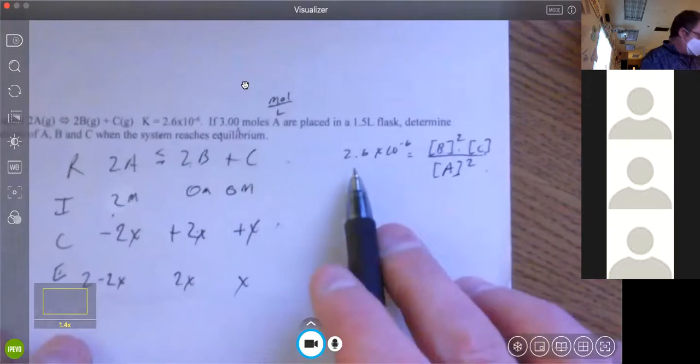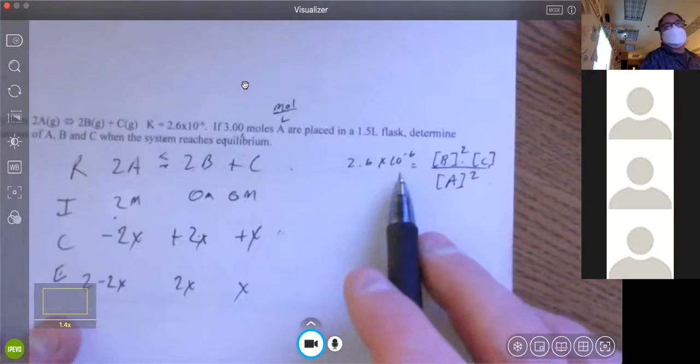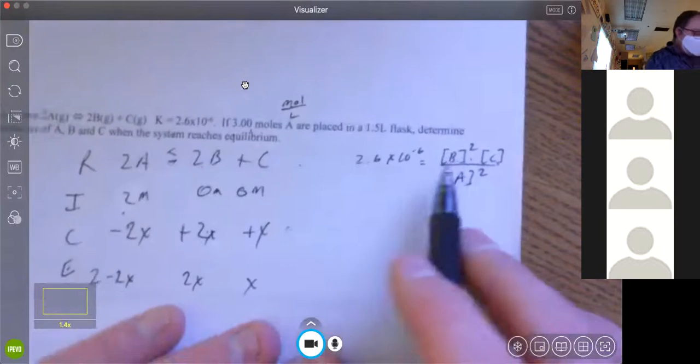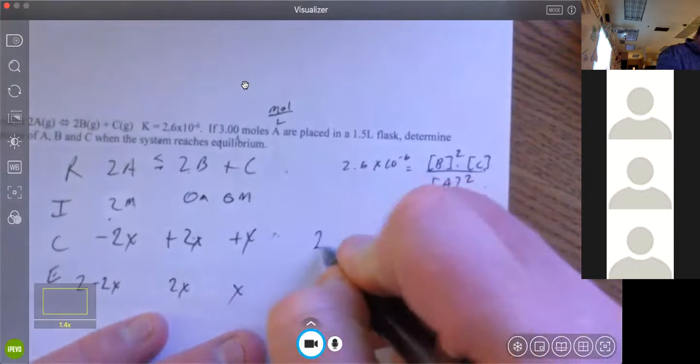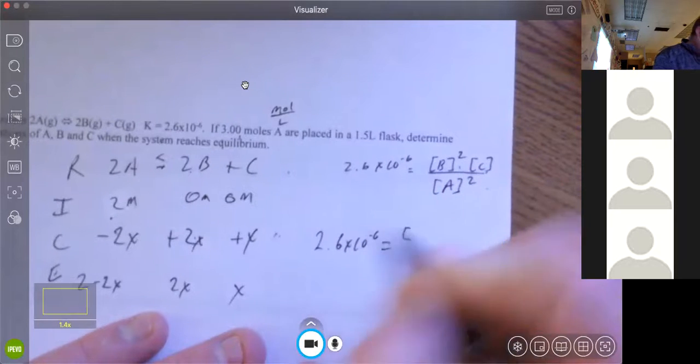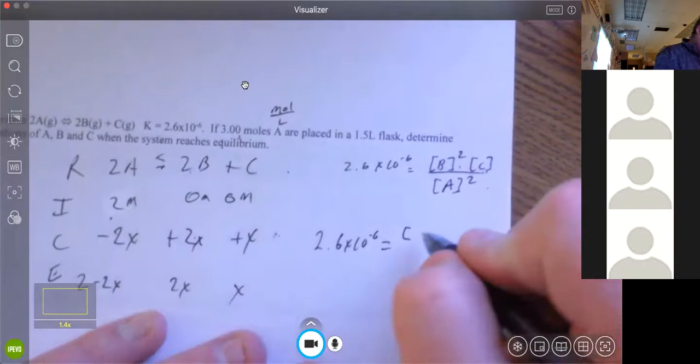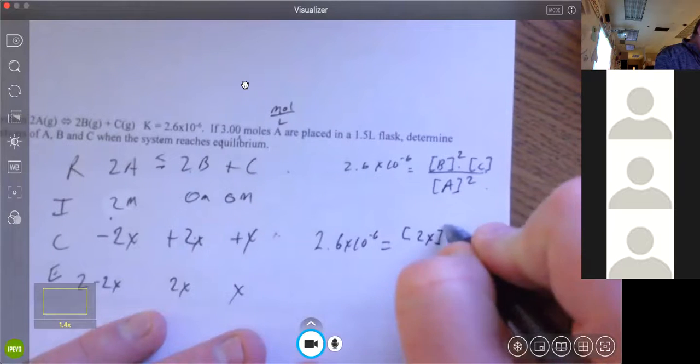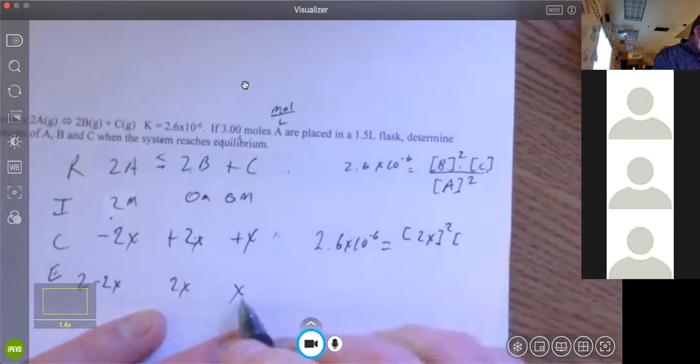We know that this is 2.6 times 10 to the negative 6. So we need to take 2.6 times 10 to the negative 6 equals b, which is 2x, and we're going to square that.